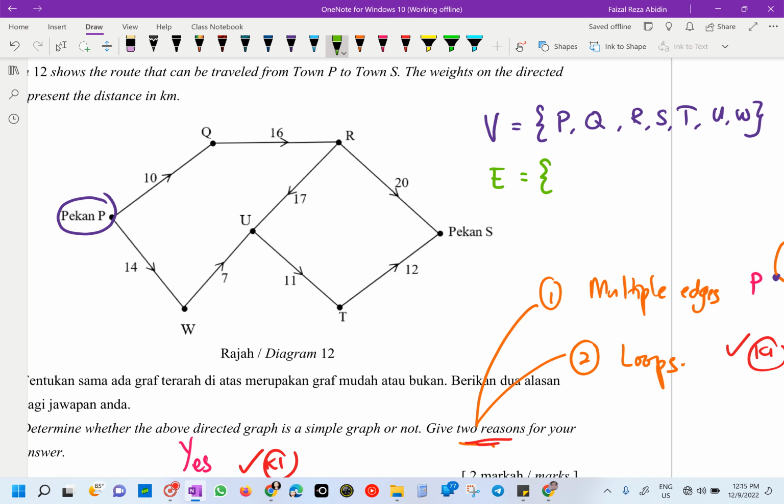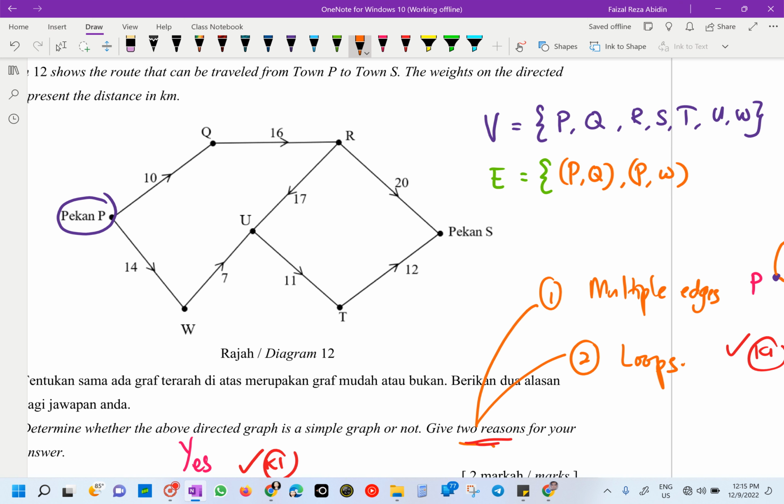If I begin with P here, you are going to have PQ, 1, and then PW, 1. Can you write QP? Can? Cannot, because it is a directed graph. Kalau dia bagi Q pergi P, dia punya arrow pergi sisi macam tu lah. So we are going to follow the arrow there.